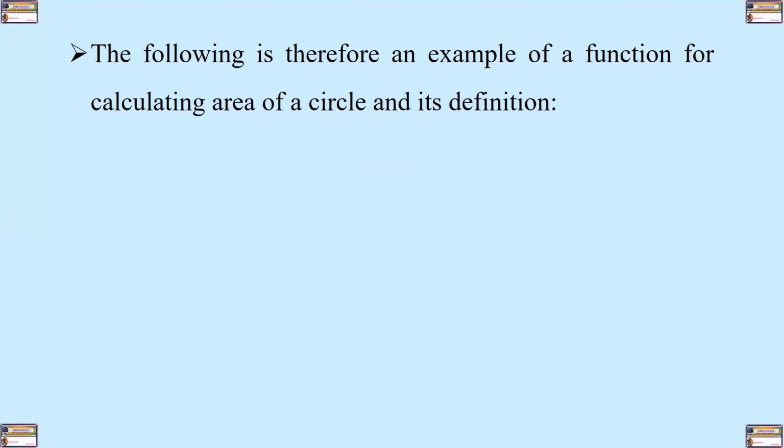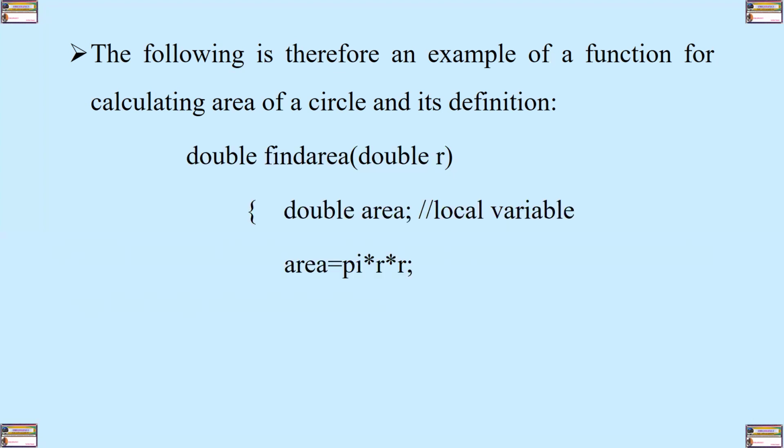Now, the brace, just as I've said, indicates the starting point for the body of our function. And in this body, we have a declaration. A declaration for what? A declaration for a temporary memory location called area, that will only be used by the function we called find area.